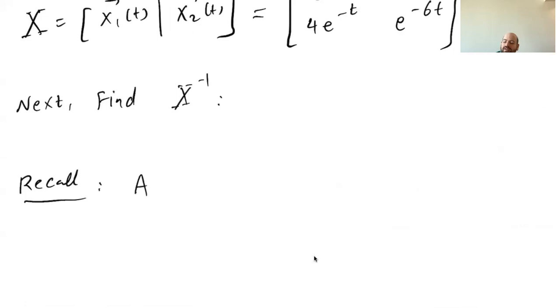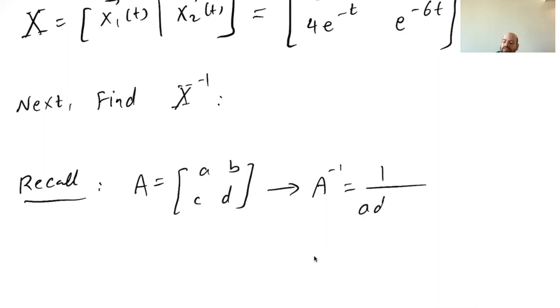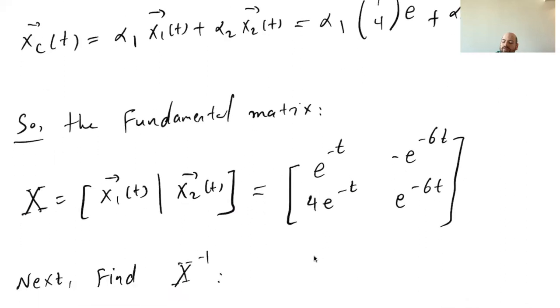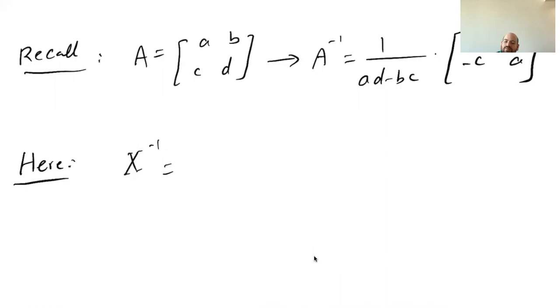We know that if A is, let's say, a, b, c, d, then A inverse will be 1 over the determinant, which is 1 over ad minus bc, times d, minus b, minus c, a. So here, we already know the values of a, b, c, and d. We just need to substitute into this formula.